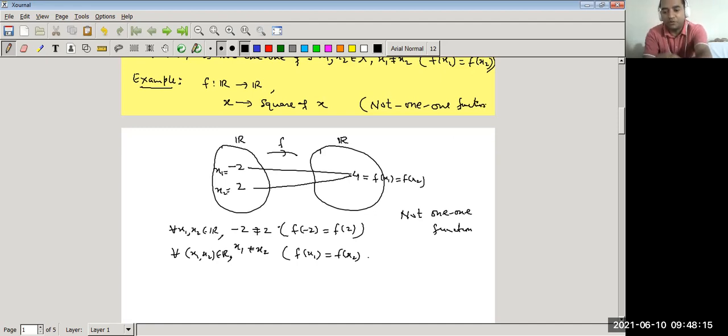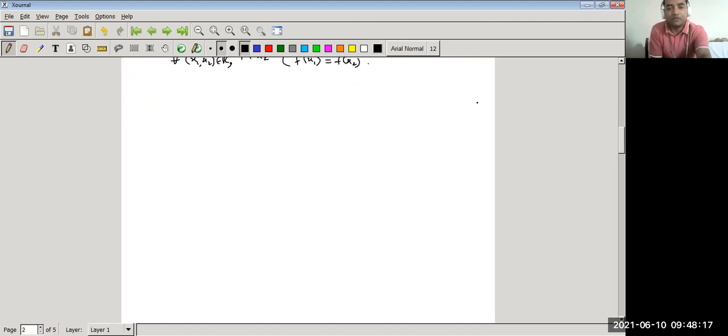But how can we use the definition? Let us consider another example, then we prove this by definition. Example 2. Consider a function f from the open interval (0, 1) to the set of real numbers R, defined by f of x is equal to 1 upon x.